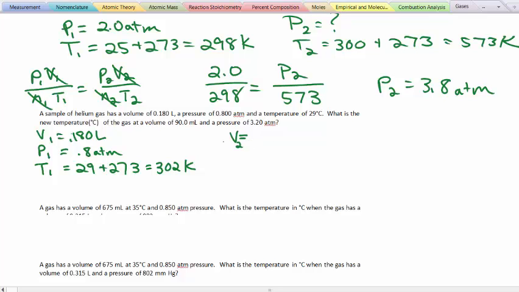The units don't have to be a particular unit, so this is not like the ideal gas law where volume always has to be in liters and pressure always in atmospheres, but your units need to be consistent. V1 and V2 have to be in the same units, P1 and P2 the same units, T1 and T2 the same units. So I'm going to convert that to liters, so that's 0.09 liters. And then my new pressure is 3.2 atmospheres. And it's wanting to know what my new temperature will be.